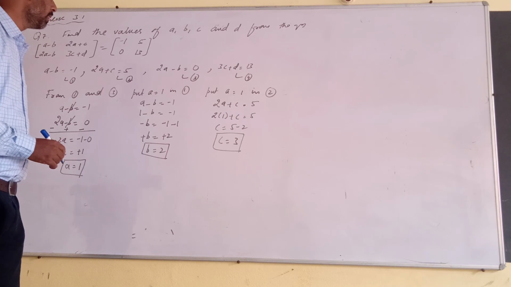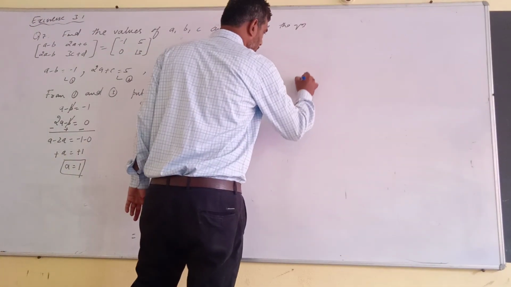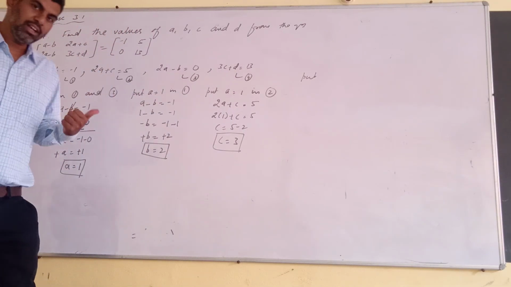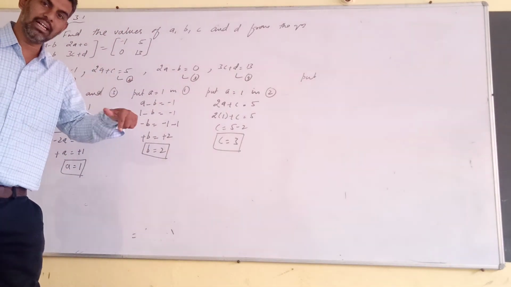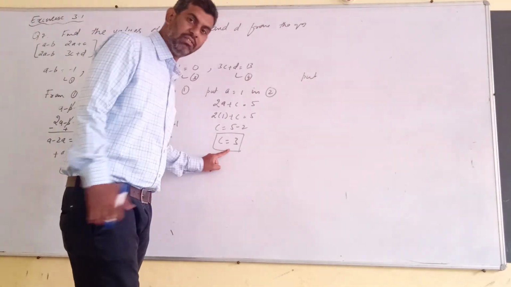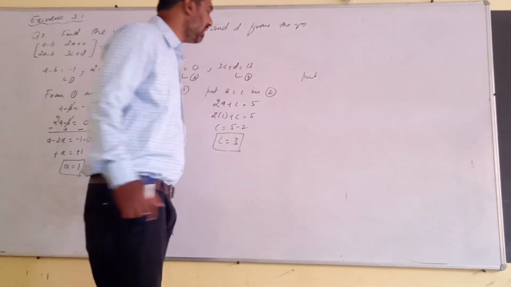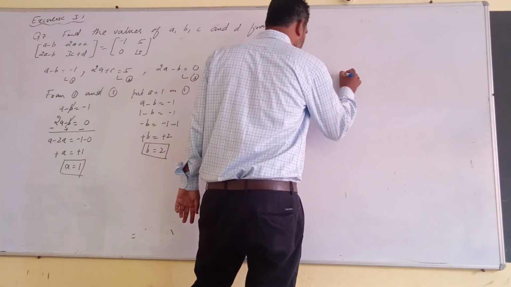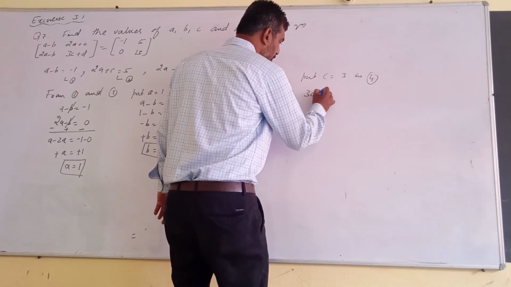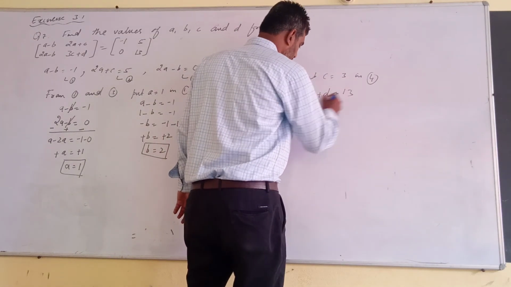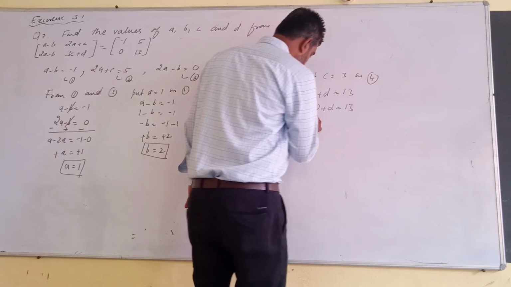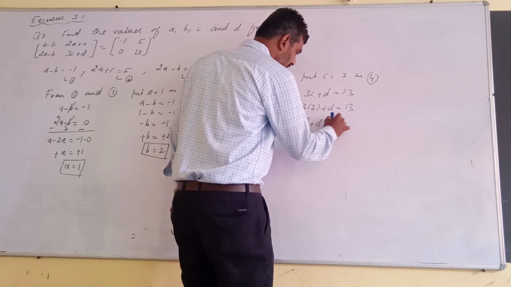Now, which value do we have to put here in 3C plus D? D value to get the C value, or C value to get the D value. It's very simple. A lower primary student can understand. Already we got C value. If we put C value here, we get the value of D. C value 3 in equation 4. 3C plus D is equal to 13. 3 into 3 plus D is equal to 13. 3 into 3, 9 plus D is equal to 13.